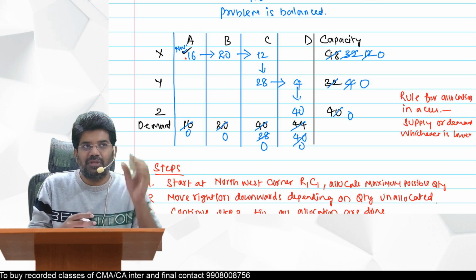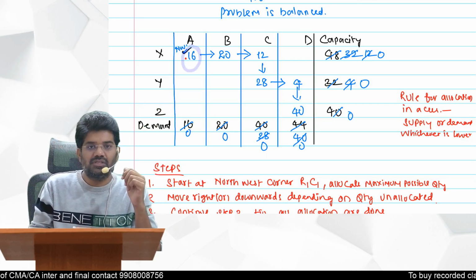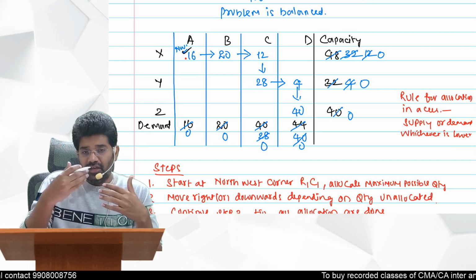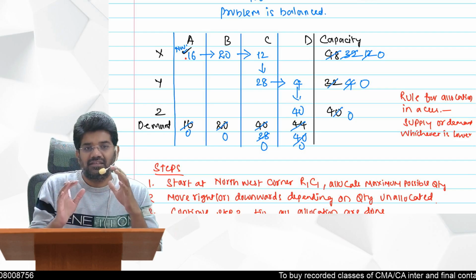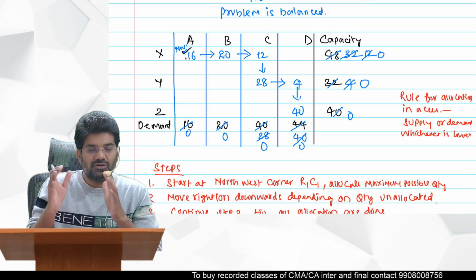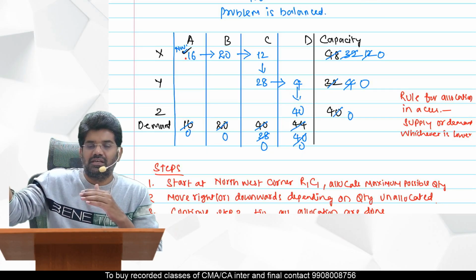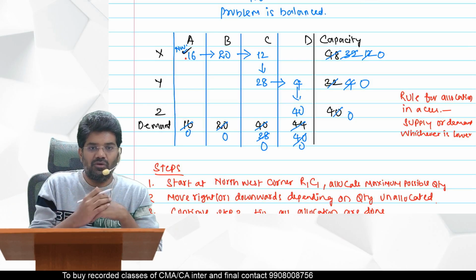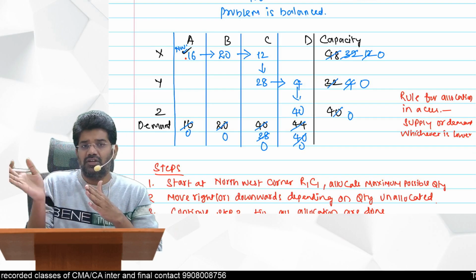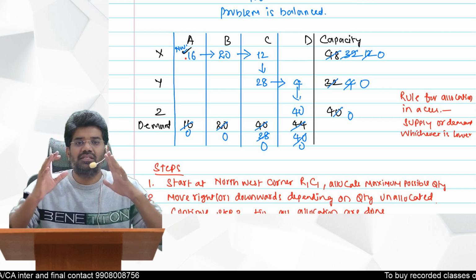Starting from the northwest corner, what do you need to do? Start from the northwest corner and allocate the maximum quantity possible there. What is the maximum possible quantity? The production or the demand, whichever is lower. Then move either right or downwards depending on whether your quantities got exhausted or not.